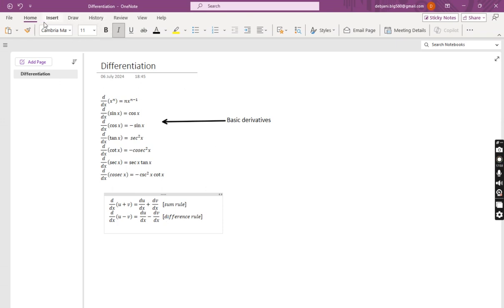Now one more is there. Suppose they give you two variables, like again u and v, differentiable variables, and they told you to differentiate the product with respect to x.